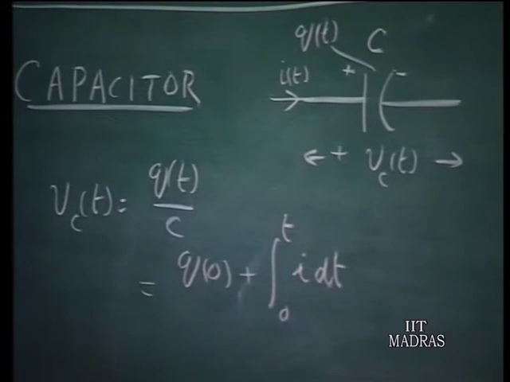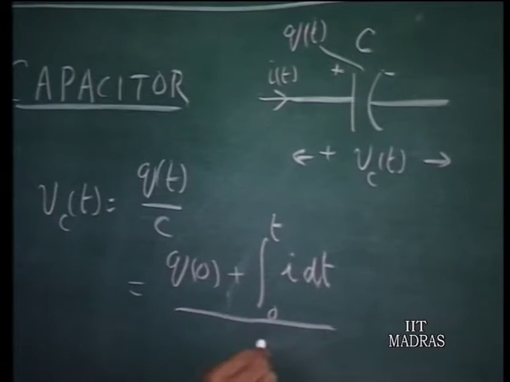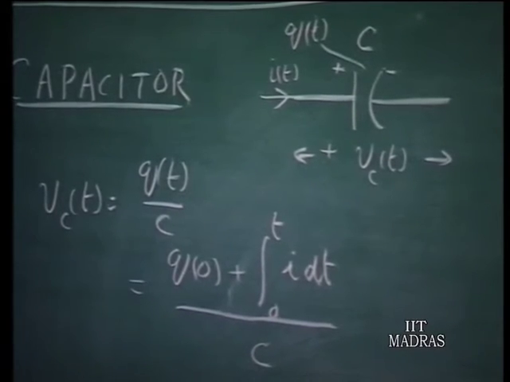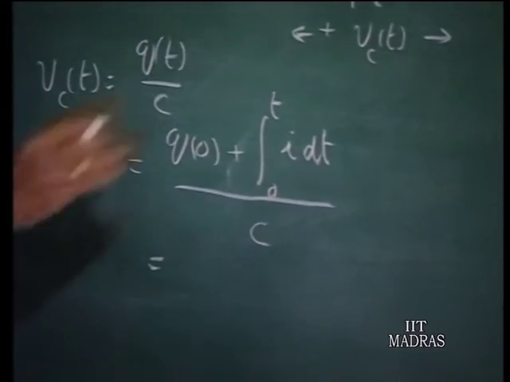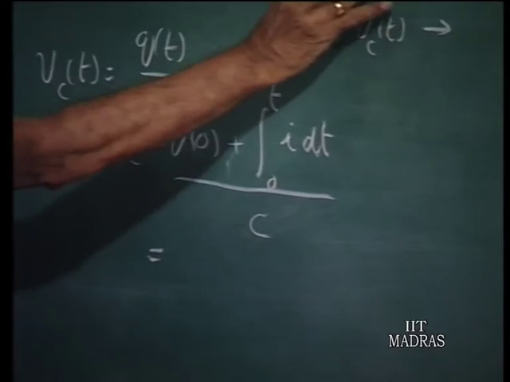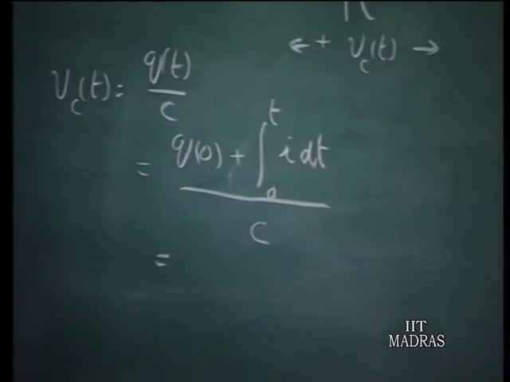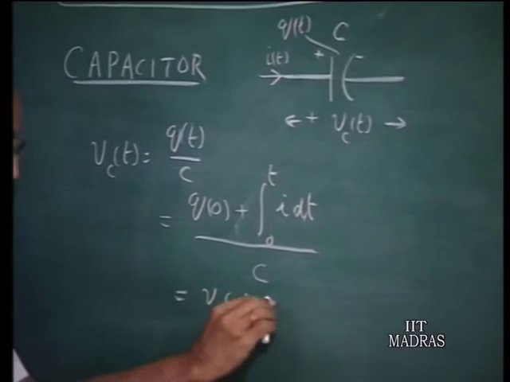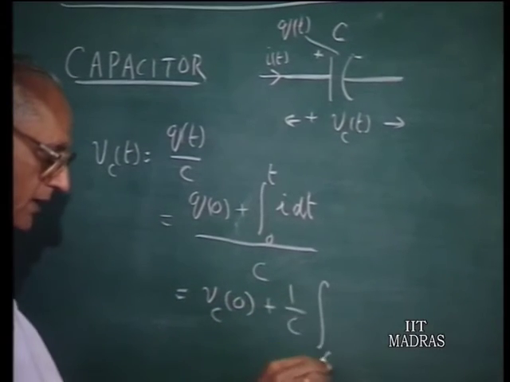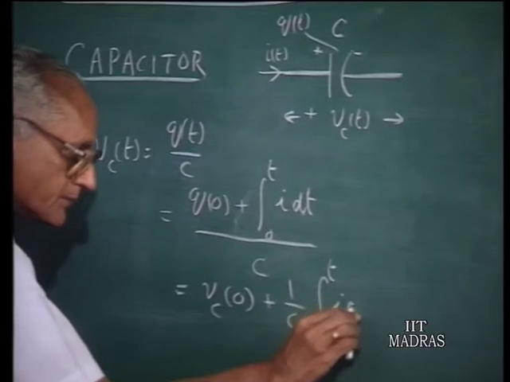This is the total charge Q of t divided by C. Now, this can be further broken as Q0 over C is the initial voltage across the capacitor, because that is the initial charge divided by the capacitor parameter C. Therefore, I can write this as Vc0 plus 1 over C integral 0 to t of I dt.